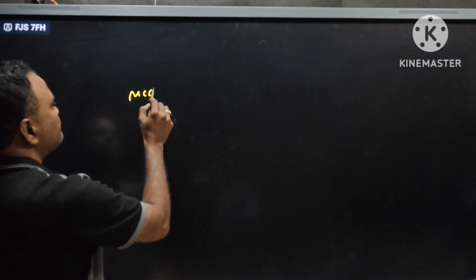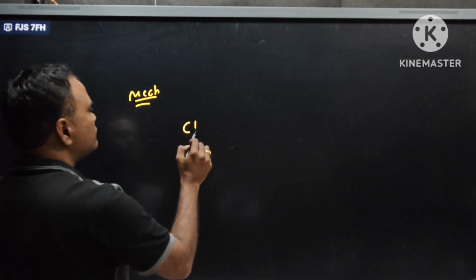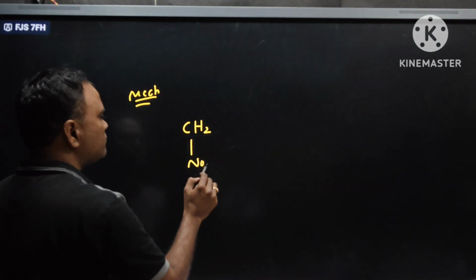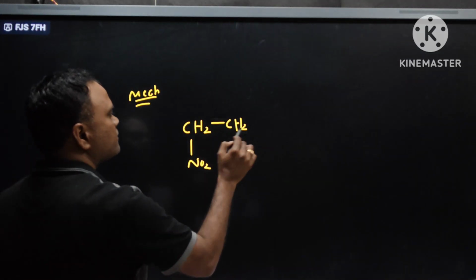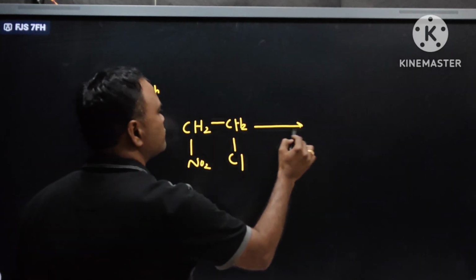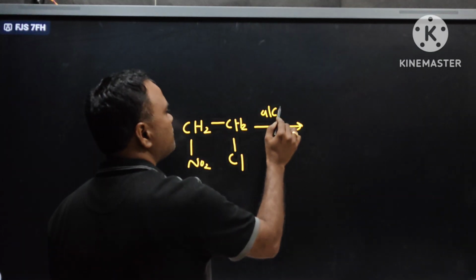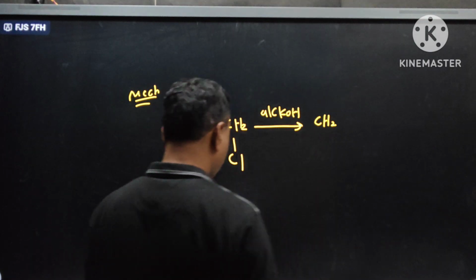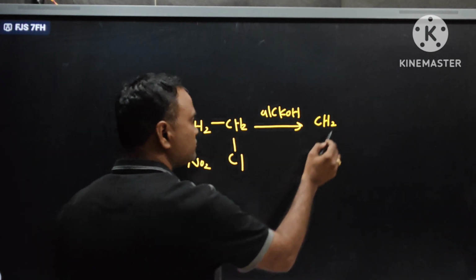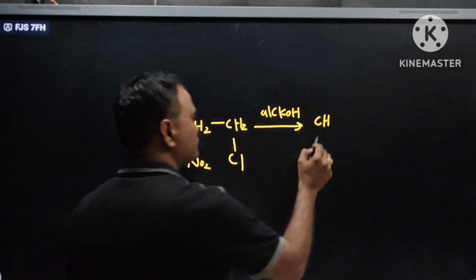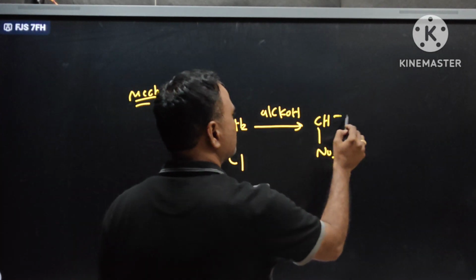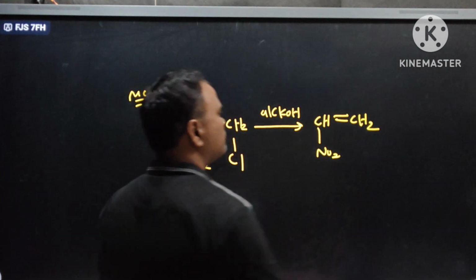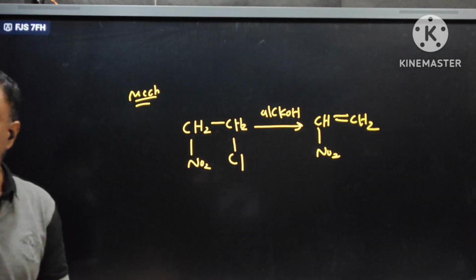See the mechanism. O2N-CH2-CH2Cl, using alcoholic KOH as the base. This is the product.